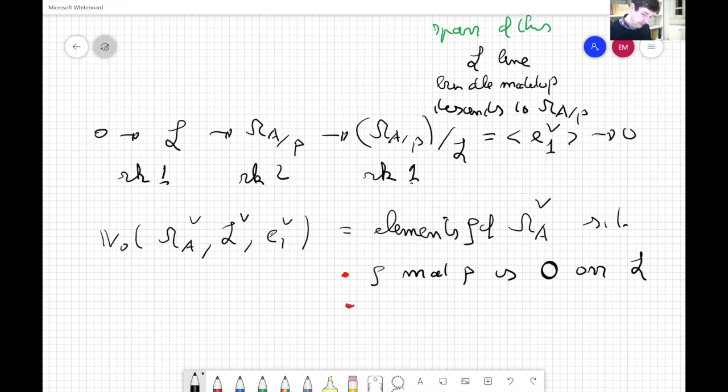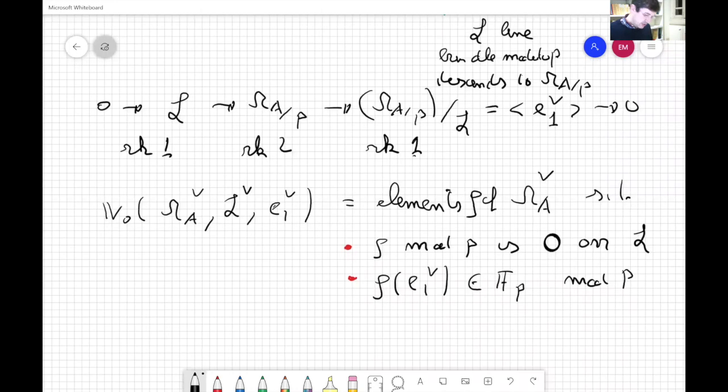And then we want that the evaluation of rho on E1 dual is an element in FP. Again, modulo P. Everything makes sense modulo P.